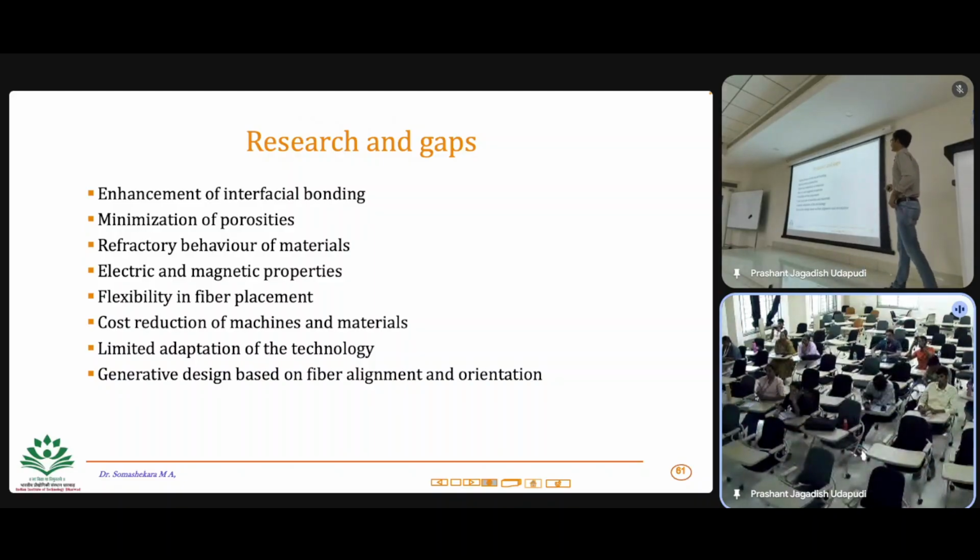As an example, as I mentioned, the interfacial bonding between the layers is still challenging, right? How we can enhance it? And a lot of porosities, I think you saw in that one video, a very close look, you might have seen a lot of porosities being created during printing, and it is even more if you add another material, for example metals.